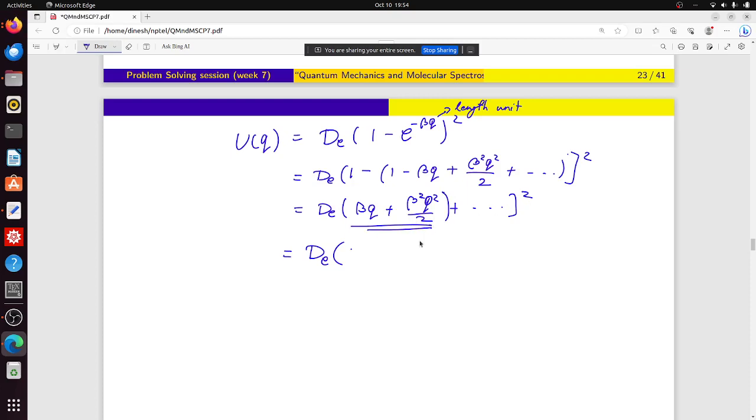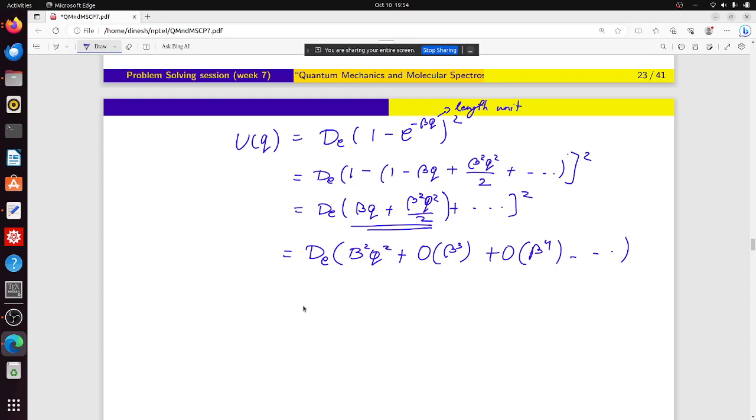Then if I do the square, what will happen? This will give me β squared q squared plus some order of β cube, that means the cross term of these two, then order of β to the 4 and so on.